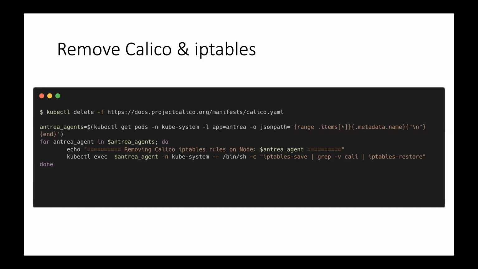After all pods restart and we delete the Calico agent, all static IP routes and network interfaces will be deleted automatically. That's why I just remove the iptables here. But I will check again to find out if there are more stale resources that need to be cleaned. Yes, these are the last two steps.